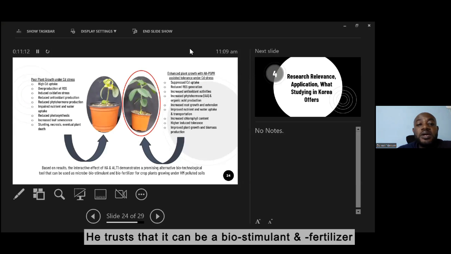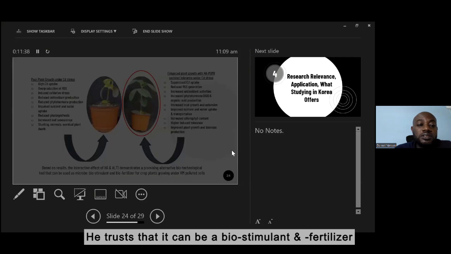And you realize that a number of things were happening physiologically that contributed to the plants having that tolerance and ability. Key among them was the increase in chlorophyll content that was able to help with photosynthesis, and for that matter, the plants were able to develop and grow even under those conditions.